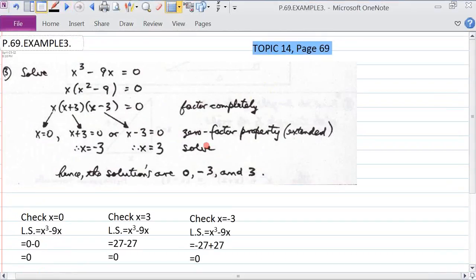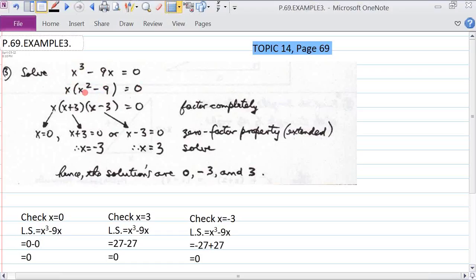So now we go to the last example, which is x cubed minus 9x equals 0. There's no number that we can take out of both of these, but we can take the lower power of x. This is x cubed, and this is x to the 1. I take out x. x times x squared gives me x cubed, and x times minus 9 gives me minus 9x.